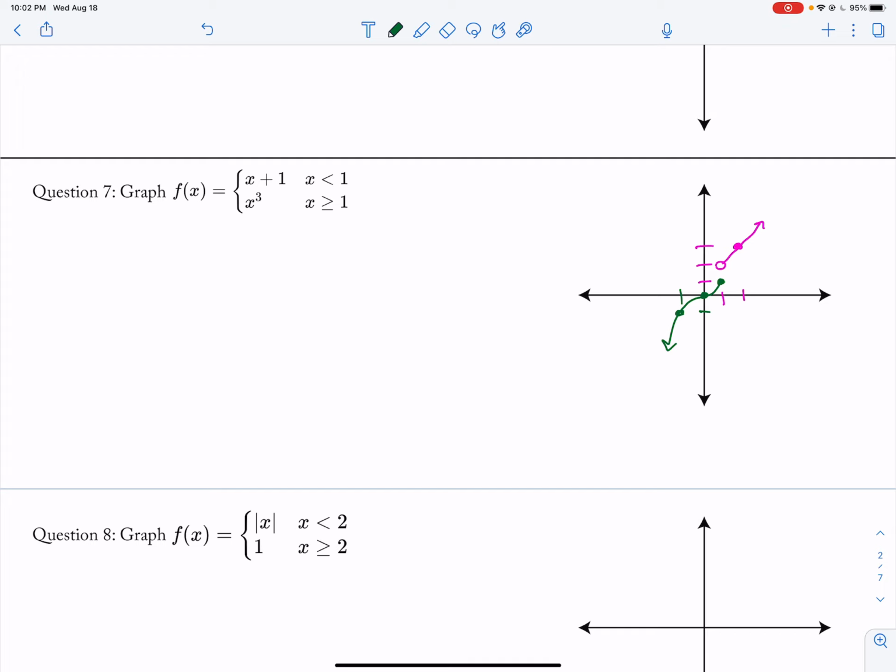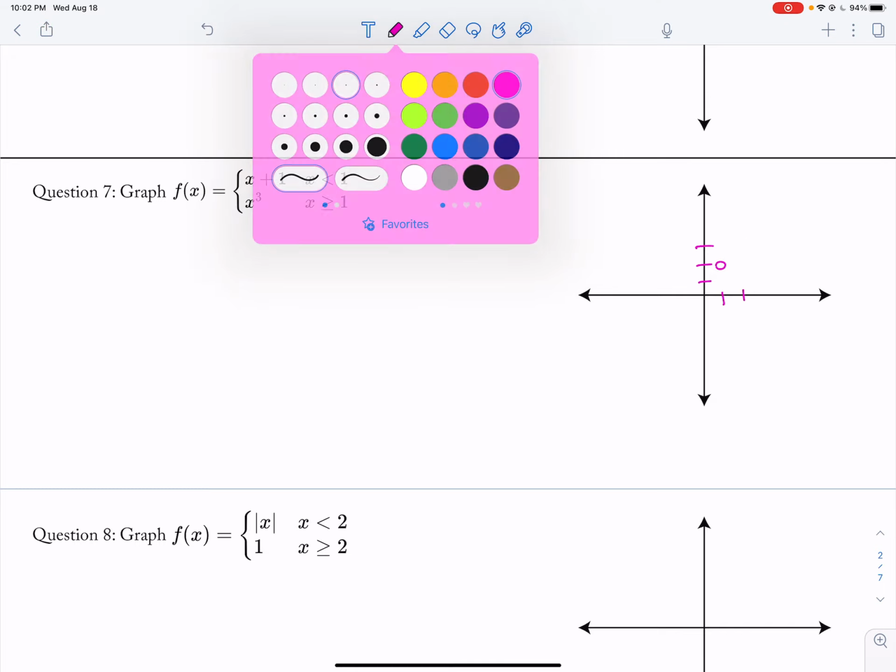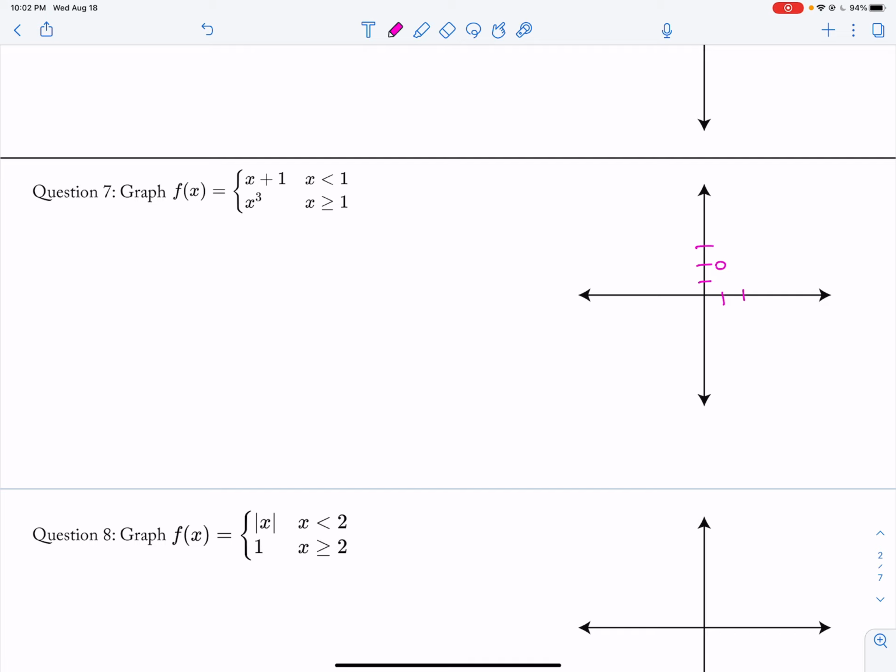Oh wait, I'm sorry. My x cubed, it's backwards. Sorry, hold on. I apologize. Okay, let's fix this. I'm actually going values of x smaller than 1, so that would be this direction here.